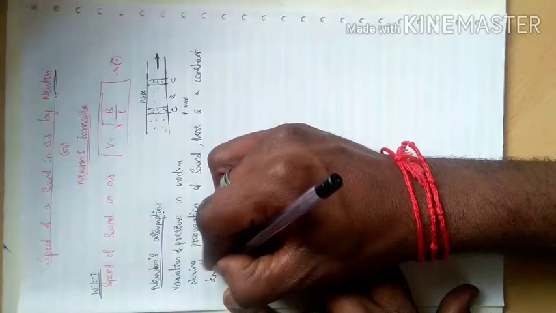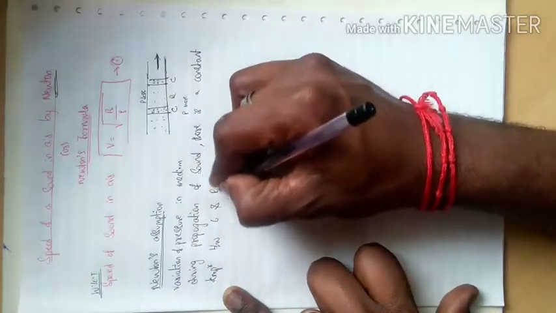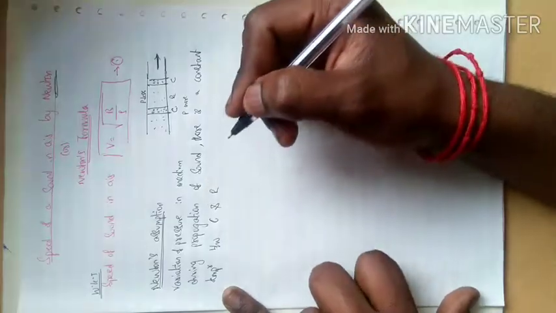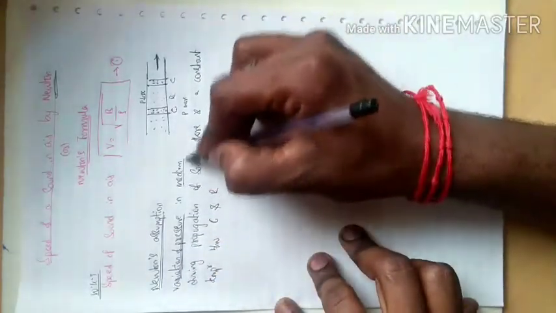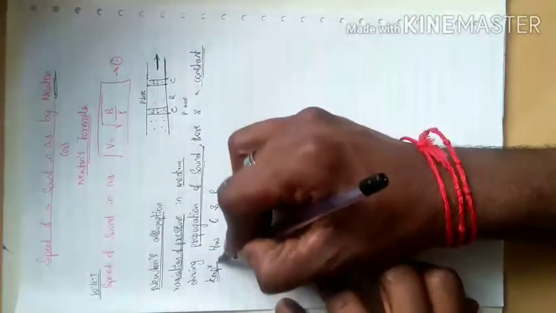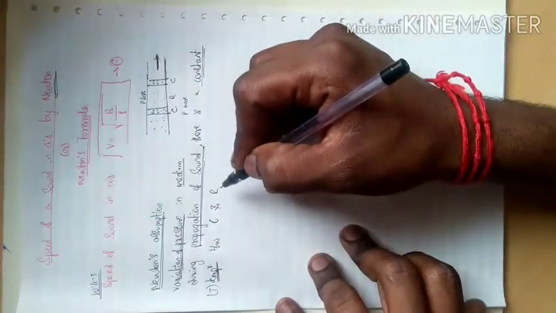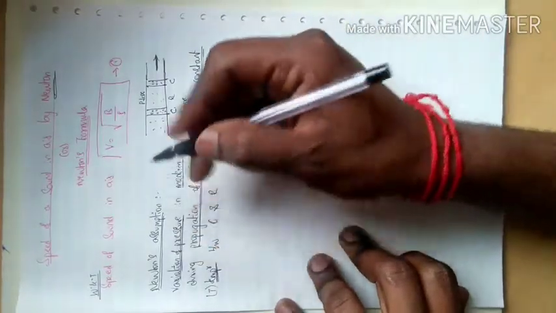There is a constant temperature between compression and rarefaction. Between compression and rarefaction, what happens? Variation of pressure in the medium during propagation of sound, there is a constant temperature. Temperature remains, what he is saying, constant between the compression and rarefaction. This is Newton's assumption.